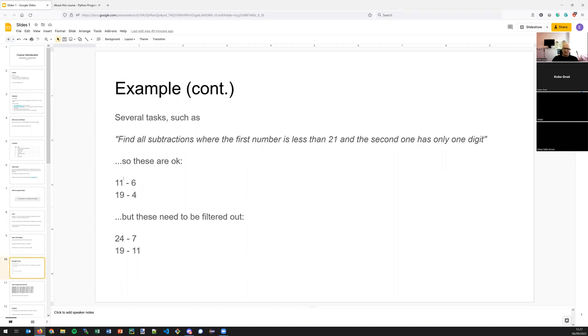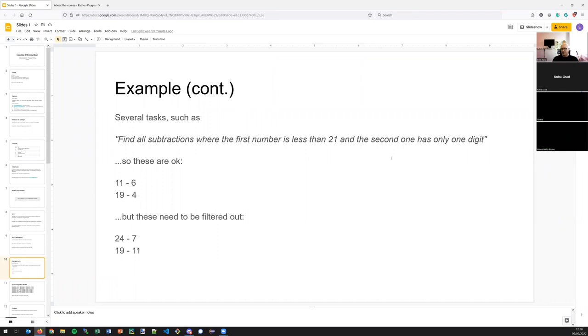So, for example, these calculations would be suitable for this specific task because 11 is less than 21, and the second one only has 1 digit, so it's 11 minus 6 or 90 minus 4, but these need to be filtered out. 24 is not less than 21, so this doesn't do, and for the second one, 11 doesn't only have 1 digit.